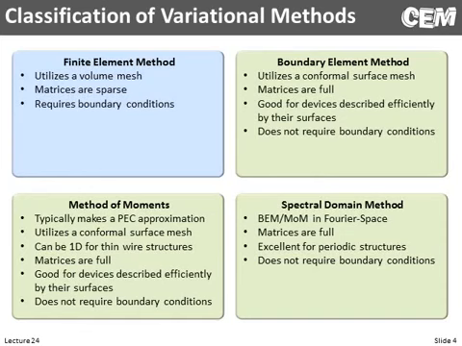That's probably more efficiently done with a finite element than a method of moments or boundary element, simply because there would be so many surface elements on that photonic crystal, probably just slightly fewer than there would be finite elements throughout the volume, yet with the boundary elements you have full matrices, and with finite elements you have sparse matrices. So for things described efficiently by their surfaces, the boundary element and method of moments type techniques are king. Otherwise, the finite elements are.